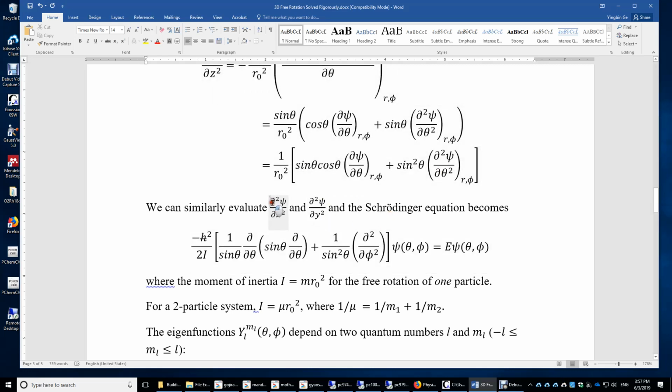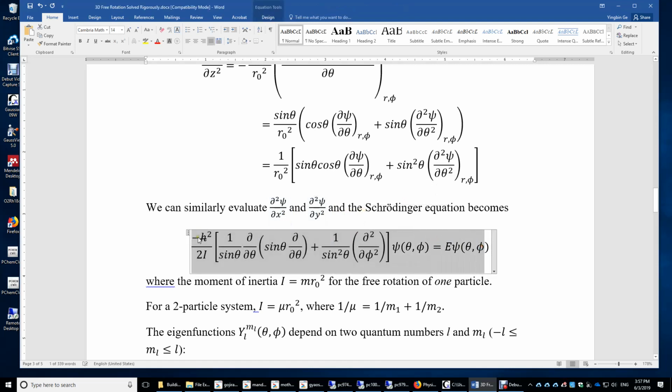Now, assuming we got this to convert it into the r, theta, phi spherical coordinates, the Schrodinger equation becomes this: negative h bar squared over 2I, where I is the moment of inertia, I is m times r naught squared for the free rotation of just one particle, and then inside the square brackets, it's 1 over sine theta delta over delta theta, sine theta times delta over delta theta, plus 1 over sine theta squared times the second derivative with respect to phi.